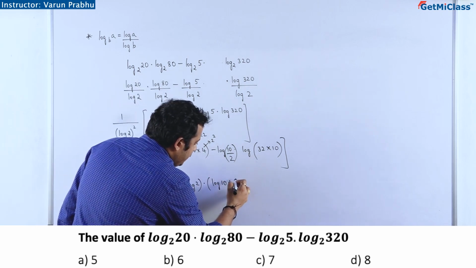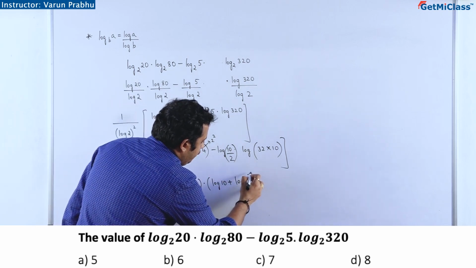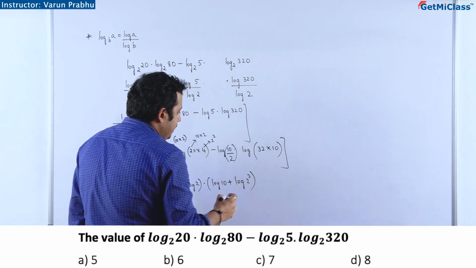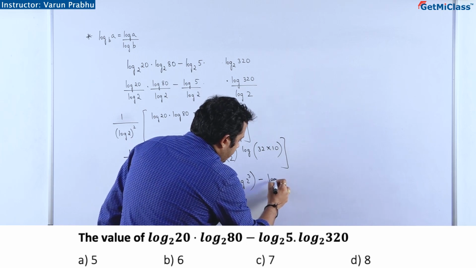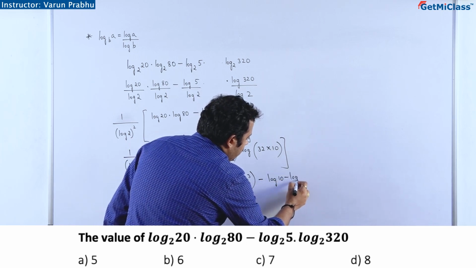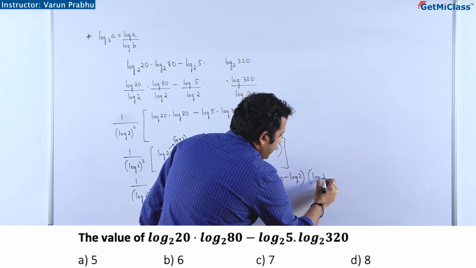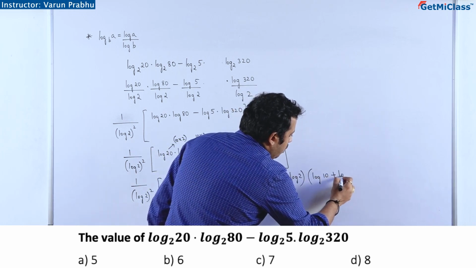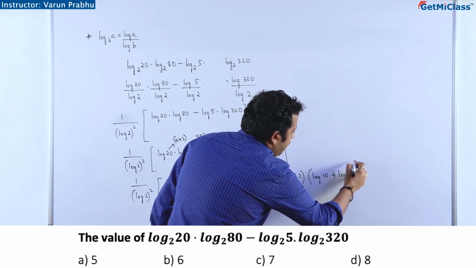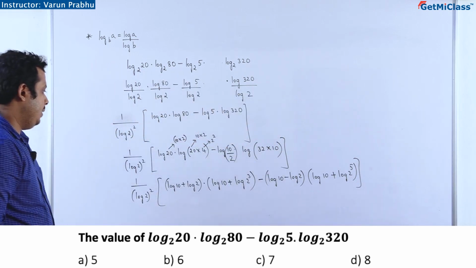So log 10 plus log of 2 cube, minus log 10 minus log 2 into log 10 plus log of 32, which can be written as 2 to the power 5, right?